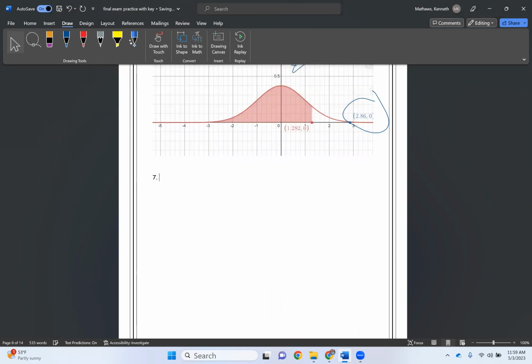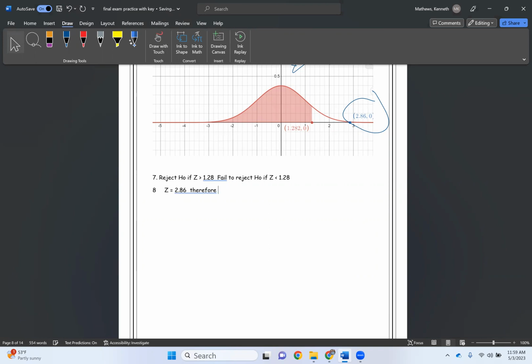So for step 7, we reject the null hypothesis if Z is greater than 1.28 and fail to reject if Z is less than 1.28. All right, what's the value of Z? Z equals 2.86.